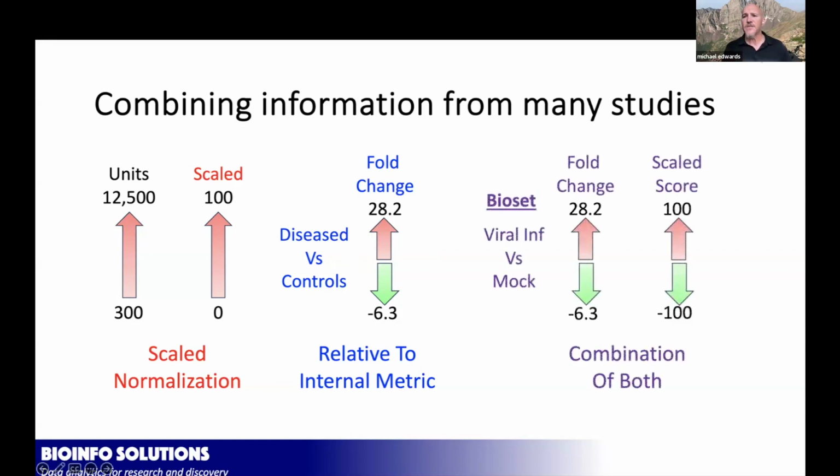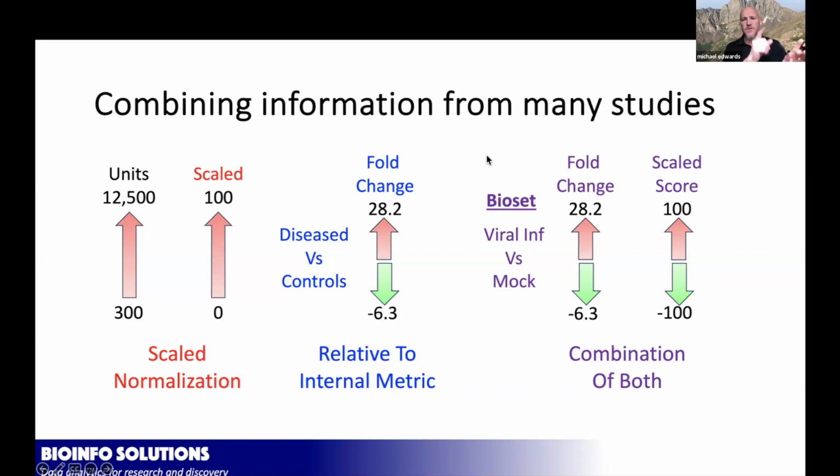Well, what we did in our study was a combination of both. As I talk to you about these biosets, they're basic controls or comparisons. In this instance, we have viral infection versus mock. These are mice, and we find the fold change for each of those. Every bioset can have more than one comparison, actually most of them do.